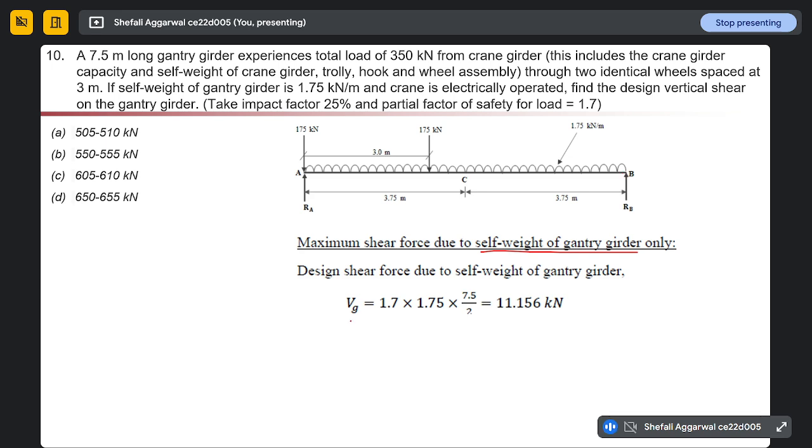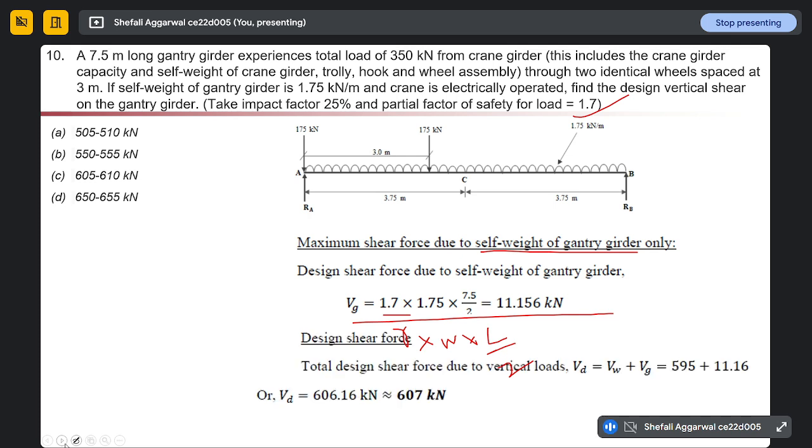Shear force due to self weight is given by gamma into w into L by 2. So L is 7.5, using this formula, we are getting design shear force as 11.156. So total shear force will be due to crane plus due to self weight, which is 595 plus 11.16, equal to 607 kilonewton.